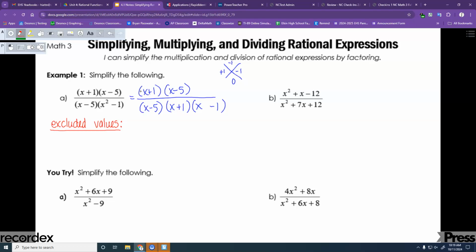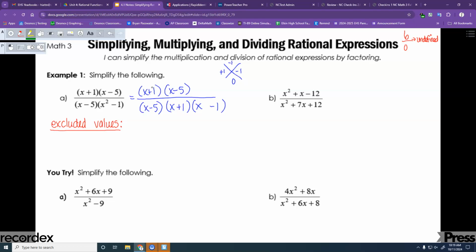No, not 0. What if I have like 6 divided by 0? Undefined. Okay? So, 6 divided by 0 or any number divided by 0 is undefined.